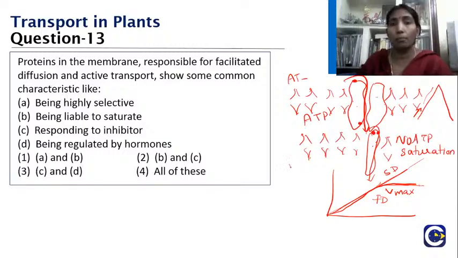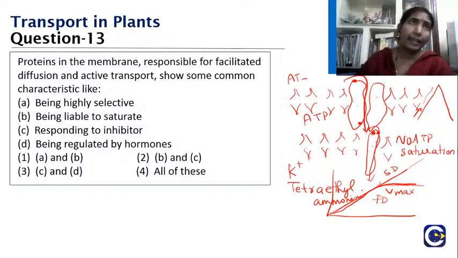For potassium channel blockers, we have tetraethylammonium ions. We have ouabain for the sodium potassium pump blocker also. Like that we have many such channel blockers. So they respond to the inhibitors, and at the same time they are regulated by hormones.